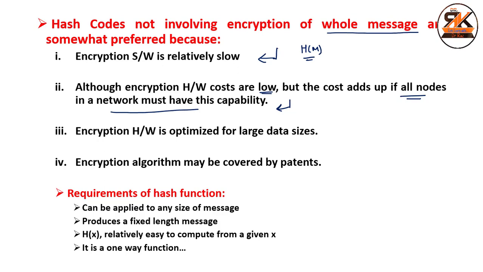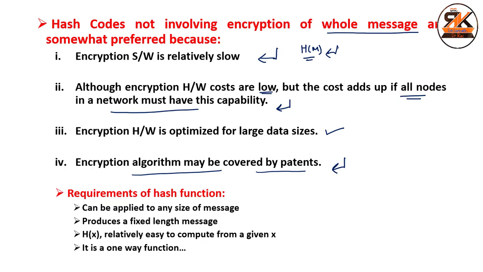We just do the encryption of some part of the message, and that can be your hash value. Encryption hardware is optimized for large data size. When we have large data size, then we need to optimize the encryption hardware. So that is another problem. And the other reason, encryption algorithms may be covered by patents. Sometimes we use an encryption algorithm, but it is a patent, the property of some organization.